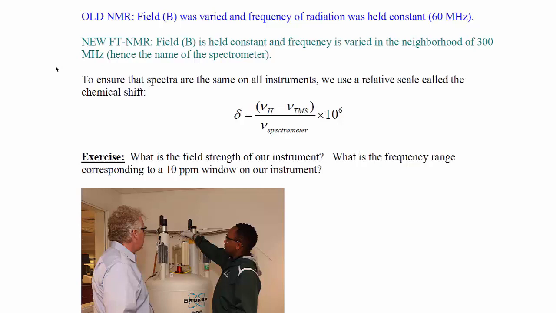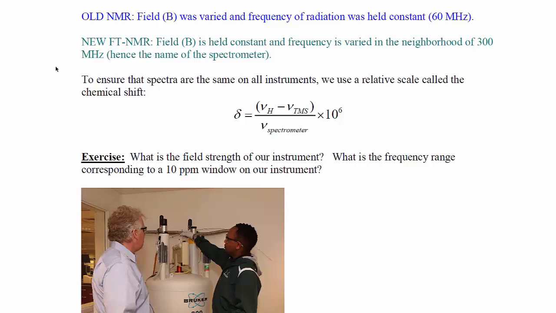And so this is a problem, because we want an NMR spectrum to be an NMR spectrum, right? We don't want it to be different on our instrument versus one at F&M or one out in California. No matter what the strength of the magnet, we want the spectrum to look the same.